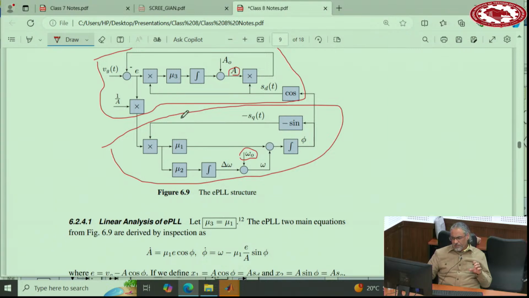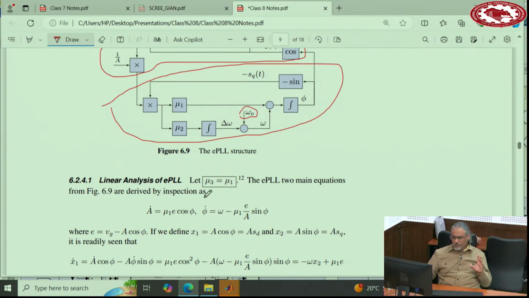mu1, mu2, mu3 are three controlling parameters of the EPLL. Let's say mu1 is equal to mu3. So the gain of the magnitude loop and the gain of the phase loop are equal. And for a moment, let's say the gain of the frequency loop is 0. So the frequency is exactly at 60 or 50.